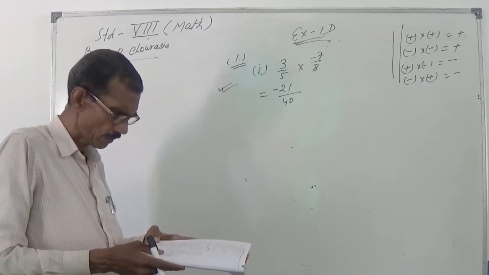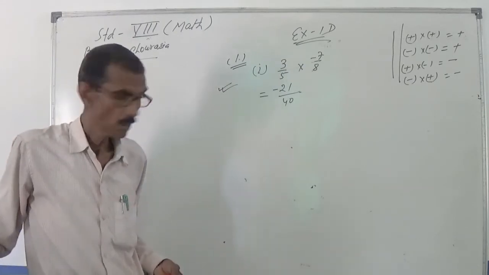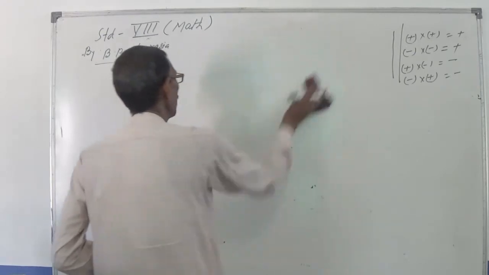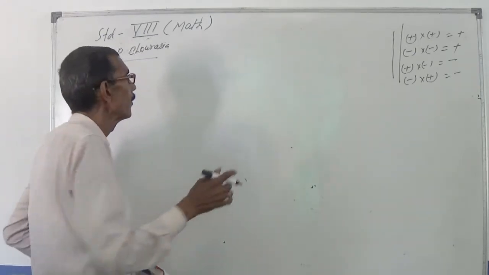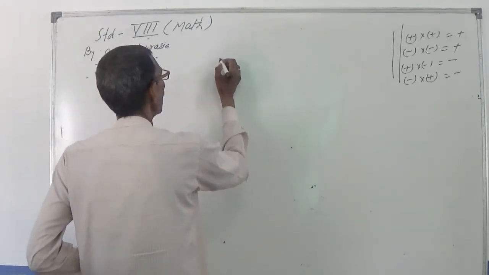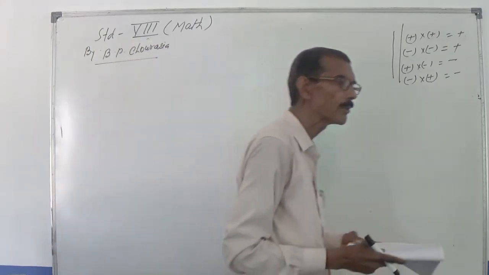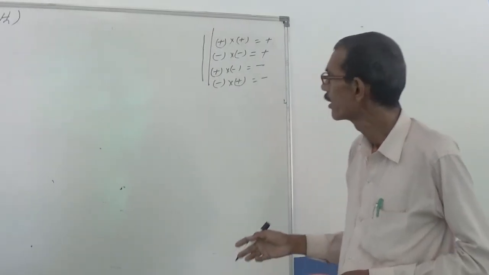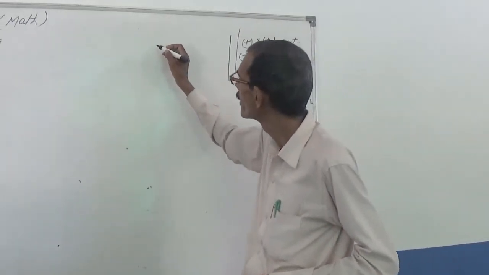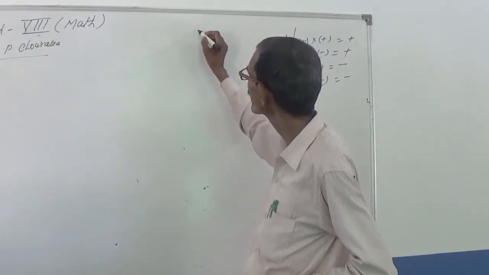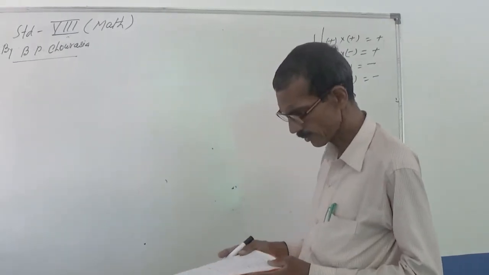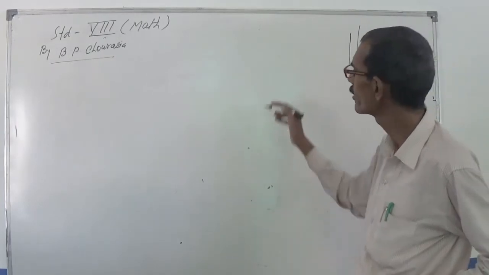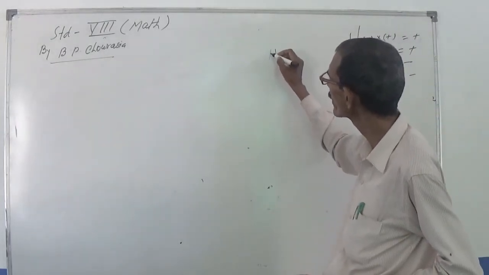Fill in the blanks, find the multiplicative inverse. Now remember one more thing always. You already know that the multiplicative inverse of a number is that number which, if you multiply both, you obtain the multiplicative identity.